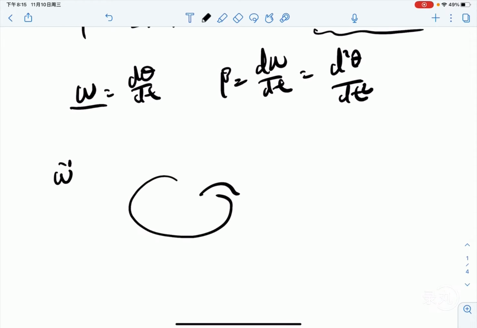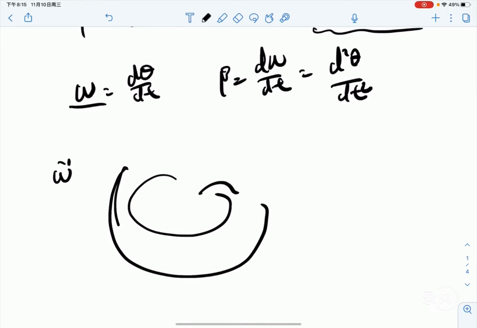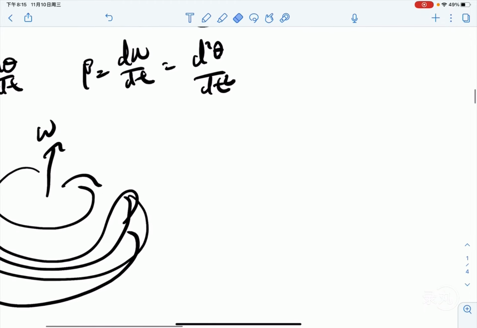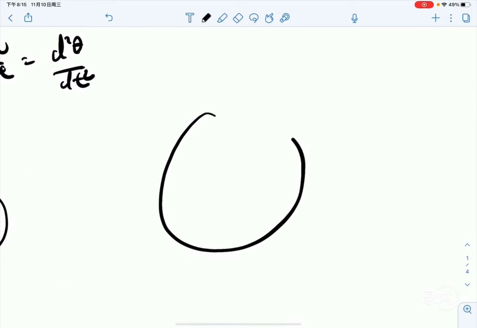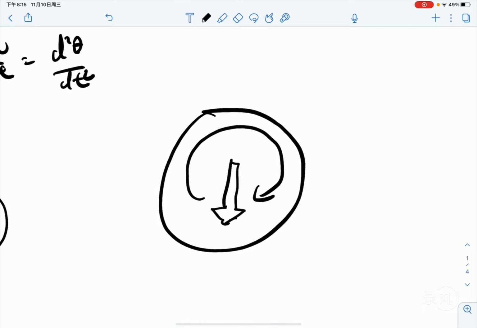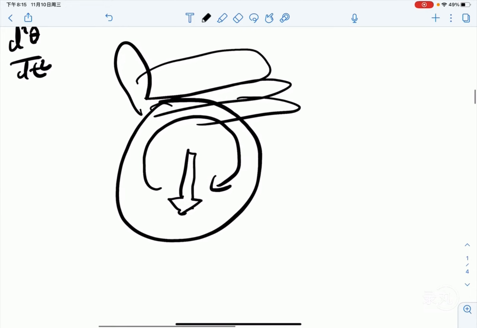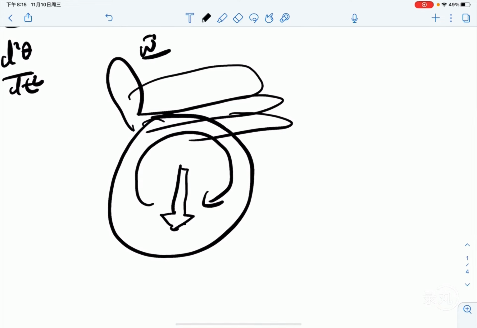So if you have your 4 fingers over here, just bend them around the circle, and the direction of the thumb is the direction of W. So if you have a clock rotating over here, you know that it is rotating to here. So if you bend your 4 fingers, you can see that your thumb is pointing inward. So that is the direction of the omega vector.